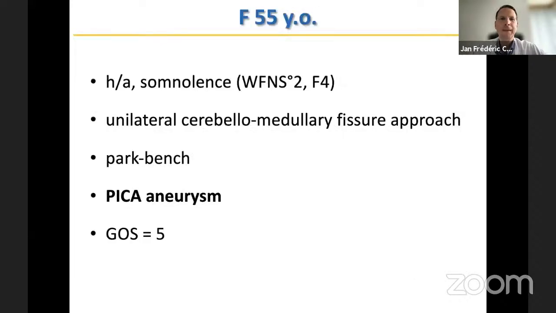And this is another case of a 50-year-old female. She had also acute headaches and troubles of consciousness. And then she had a CT, which revealed a subarachnoid hemorrhage. So she was WFNS grade 2, Fisher 4.